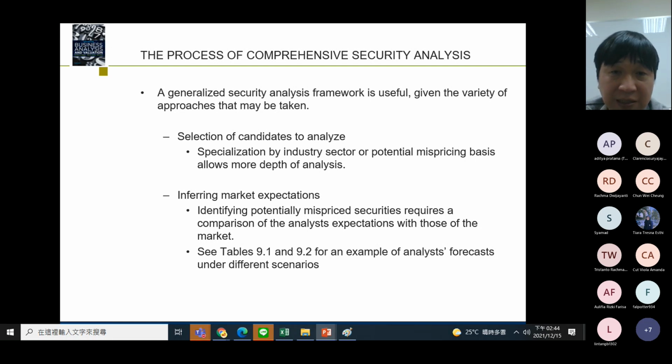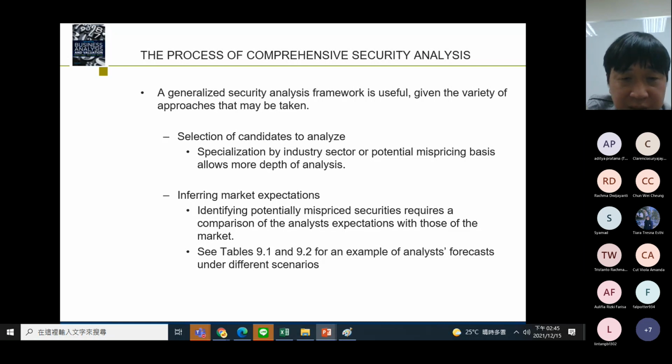Selecting candidates to analyze, by industry sector or potential mispricing basis, allows more depth of analysis. Inferring market expectations: identifying potentially mispriced securities requires comparison of the analyst's expectations with those of the market.